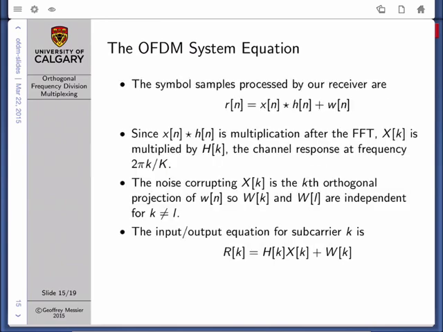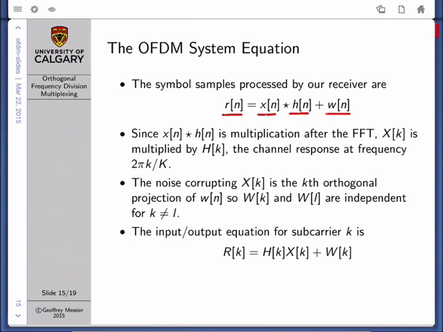Now, it turns out that while the OFDM system diagram seems to be kind of a complex system, the actual analysis of the OFDM system is relatively straightforward. So let's consider our received samples R, which are equal to the transmitted OFDM symbol X, which contains all of the orthogonal sinusoids, convolved with our dispersive channel.